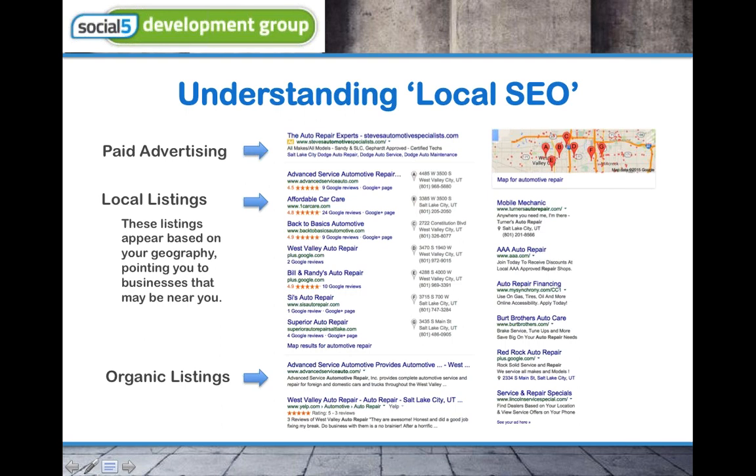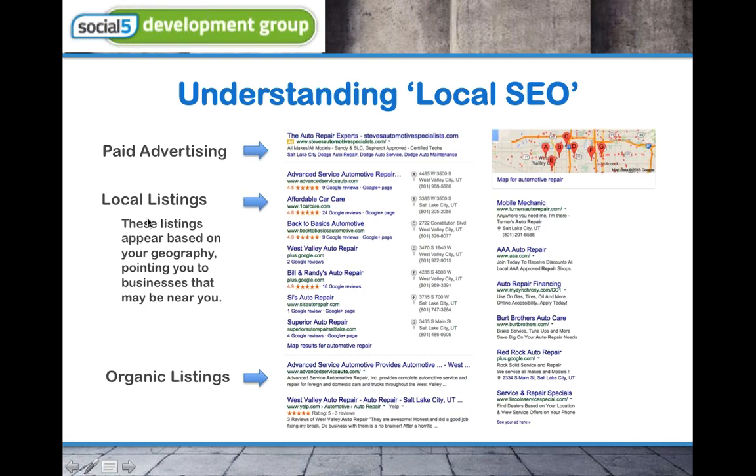And then of course the last one is the organic listing, which actually means that those are the listings that are coming up for us that are just top portion of the fold, and they're actually the ones that are coming up first with words and other things like that.